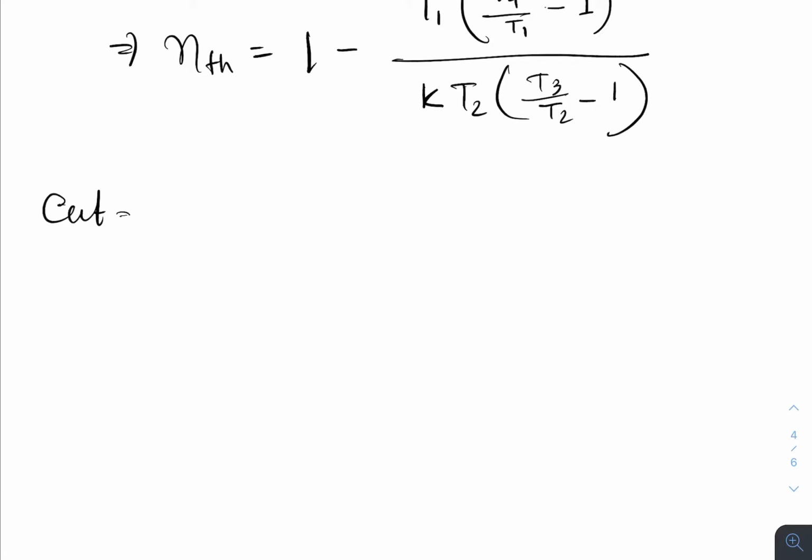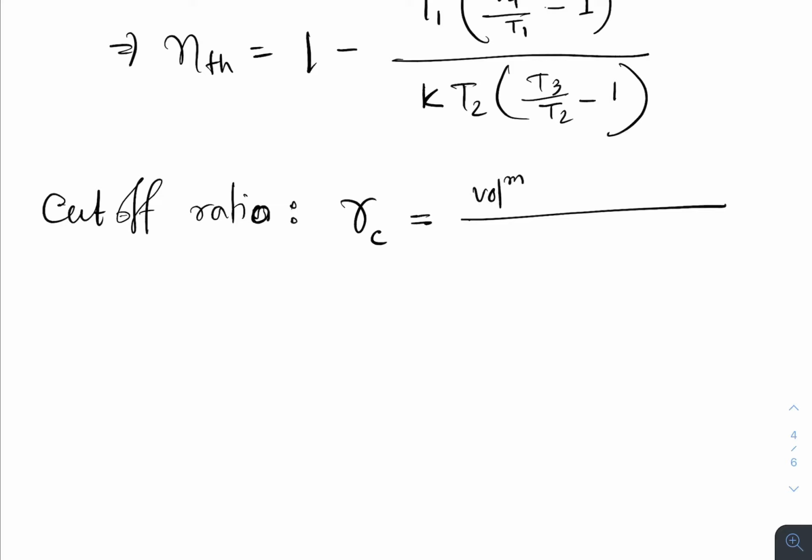Before that, let's define another definition, the cutoff ratio. The cutoff ratio, which we write as Rc, is nothing but the ratio of the cylinder volume after and before the combustion process.